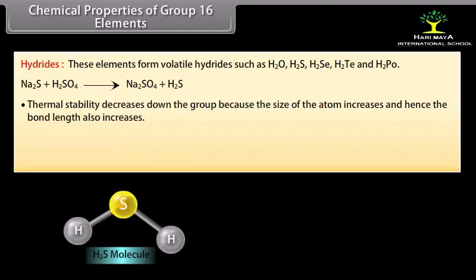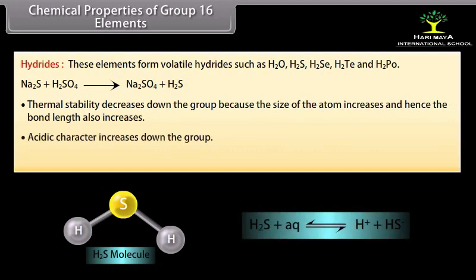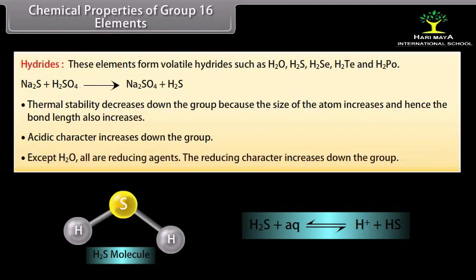Thermal stability decreases down the group because the size of the atom increases and hence the bond length also increases. Acidic character increases down the group because they can dissociate more easily to give H+ ions. Except H2O, all are reducing agents.